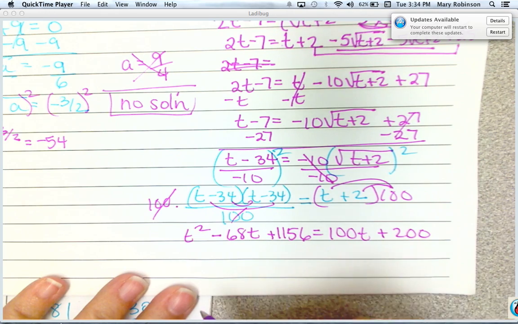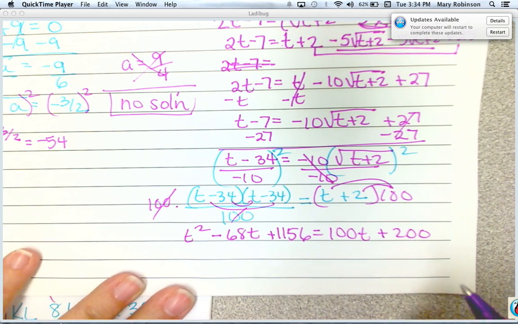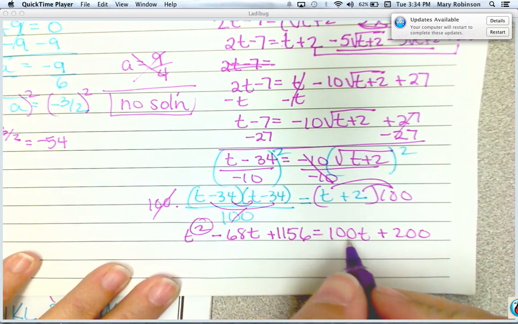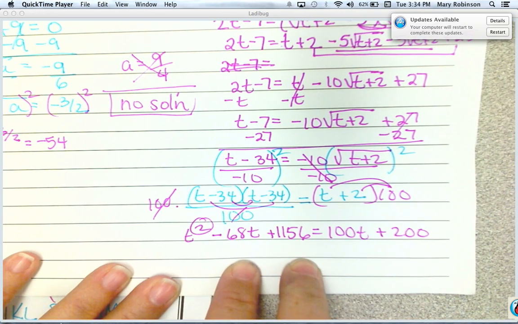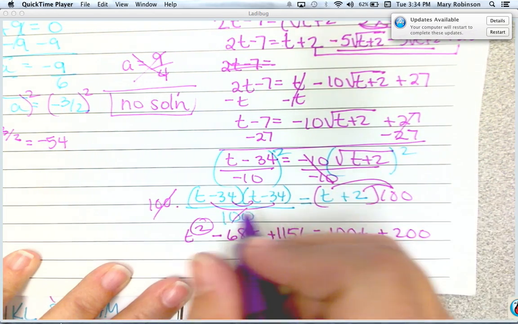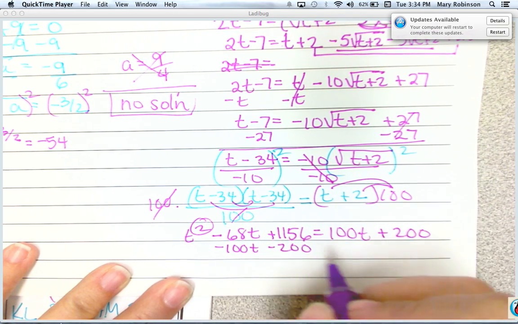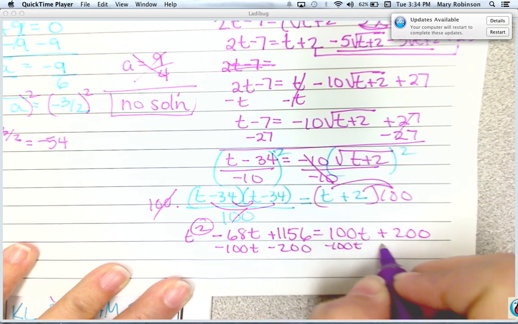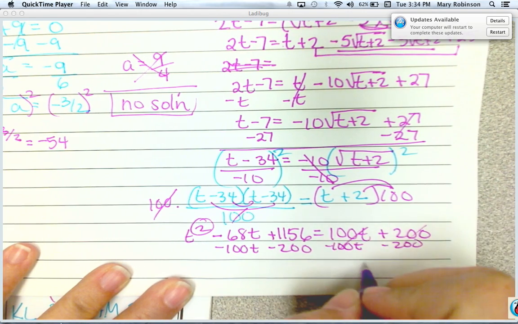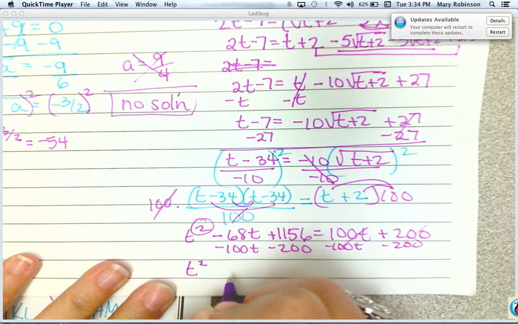At this point, it's gotten down to a simple quadratic equation, and all we have to do is make sure we move our terms over to set this equal to 0. So I'm going to subtract 100t and subtract 200. Those cancel out, so now it'll be equal to 0.